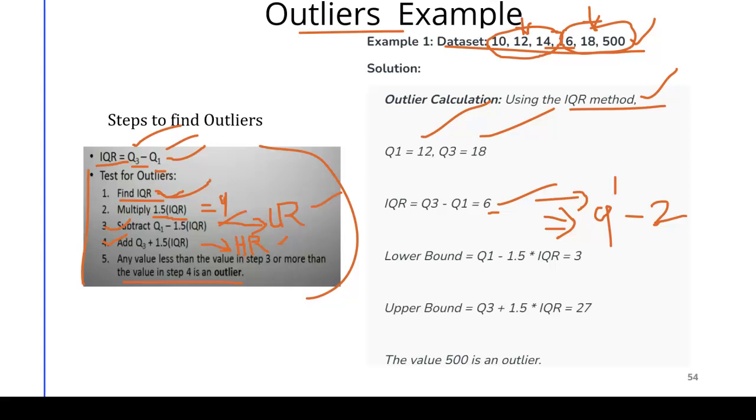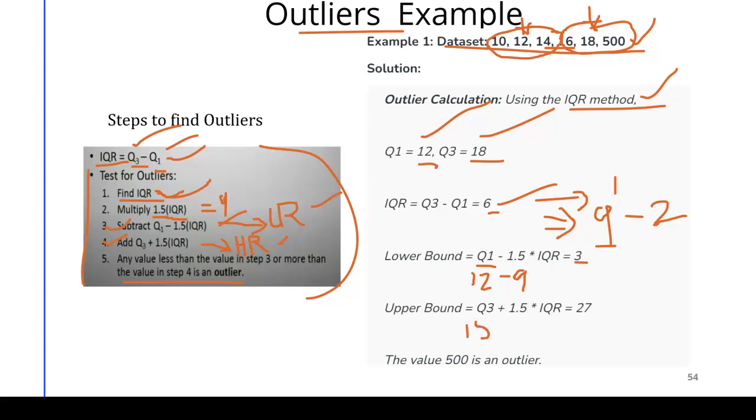Then the third step is to find the lower bound: Q1 minus 1.5 times IQR, where Q1 is 12. So 12 minus 9 is 3. This is the lower bound. The upper bound is Q3 plus 1.5 times IQR, where Q3 is 18.